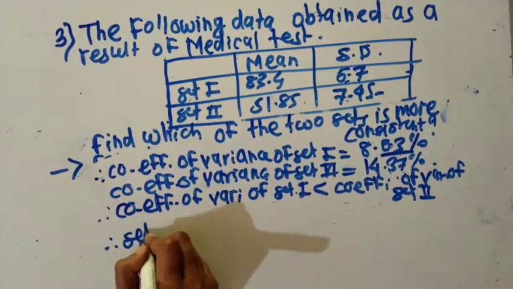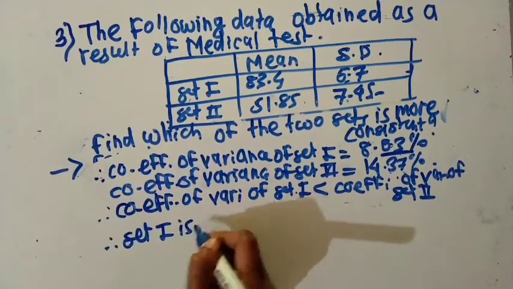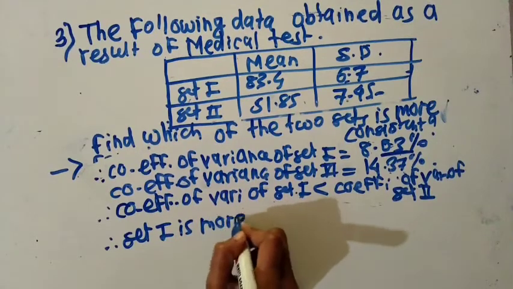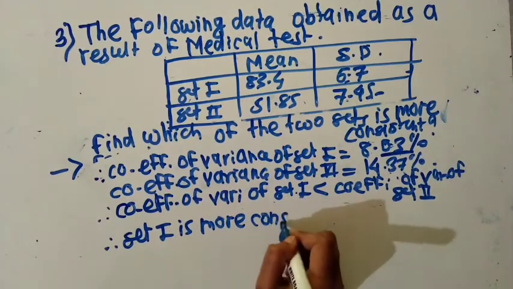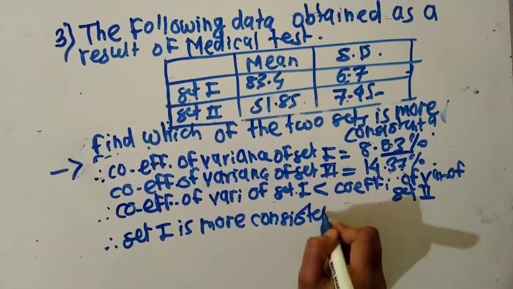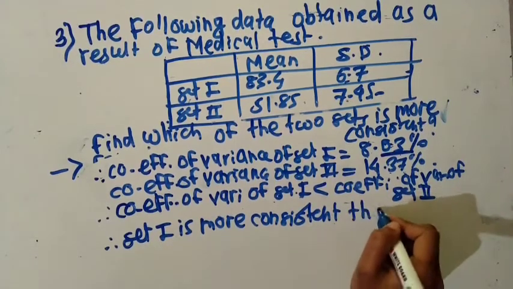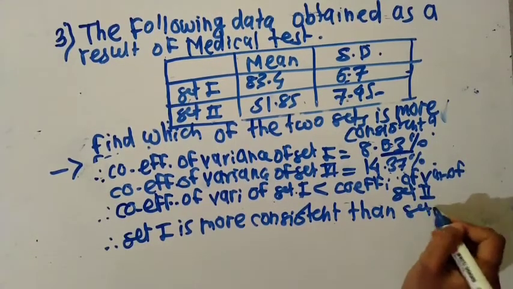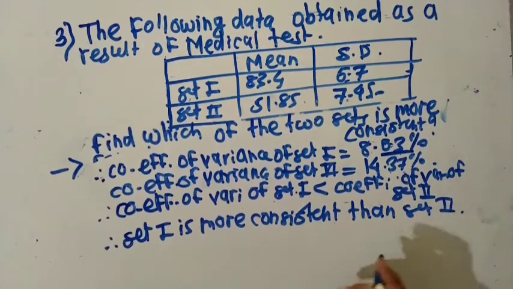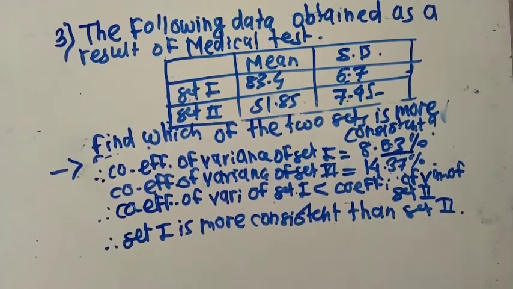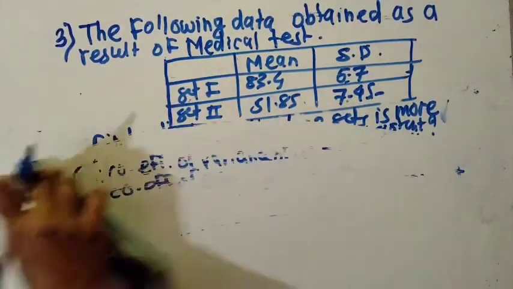So, set 1 is more consistent than set 2. Then we give the next example.